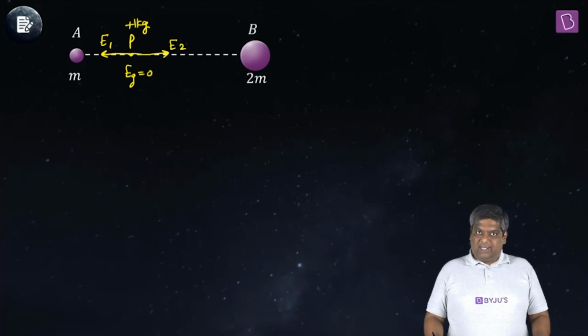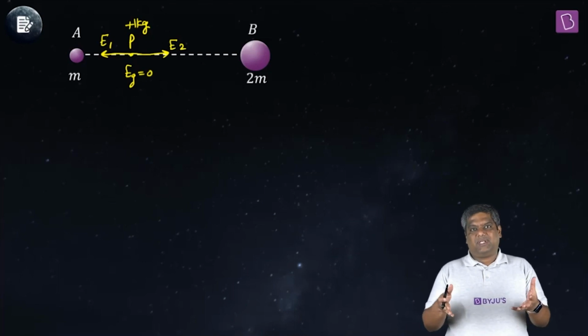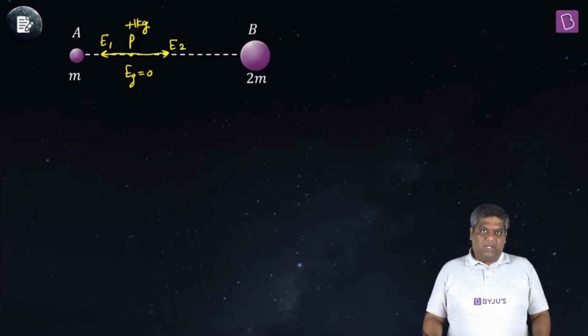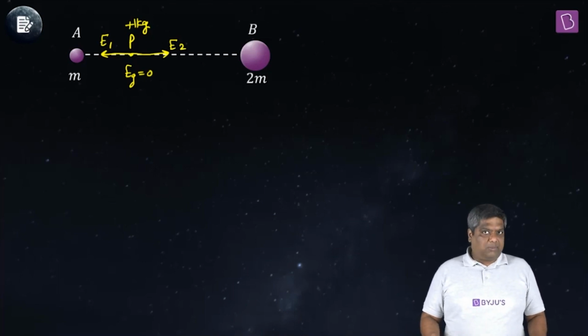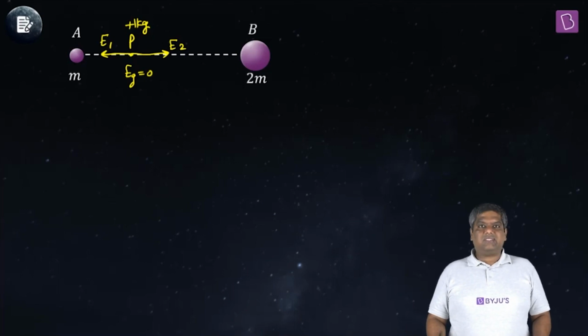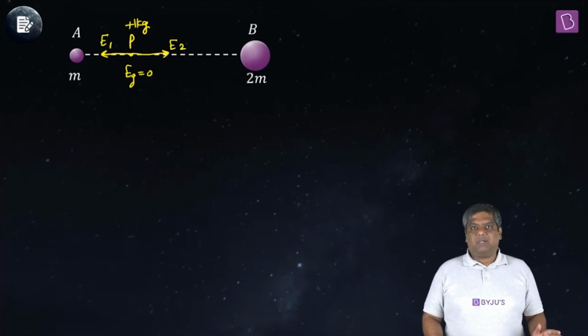So the net gravitational field will be 0 because these two are equal in magnitude and opposite in direction, and they cancel out. So there will be one point wherein the net gravitational field somewhere in between m and 2m will be 0, and that point is P. Now let us discuss as to what will happen at points A and B. So now what will happen at points A and B?